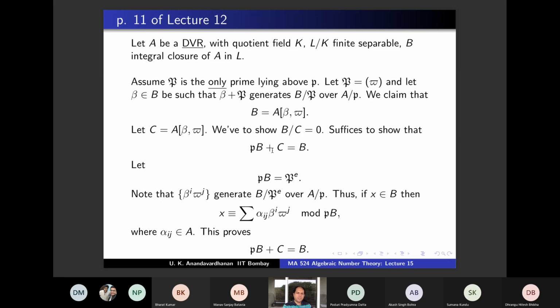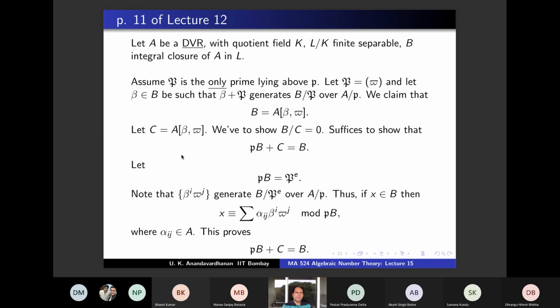So you have a finitely generated module, and DVR, so it's a local ring. So in order to show it for the maximal ideal, P times B by C is B by C, and B by C is a finitely generated module. So by Nakayama, B by C is 0, and that was the claim. Okay, so this is what we did.